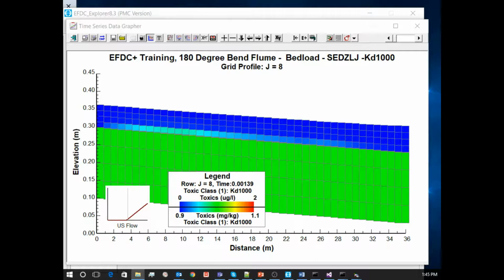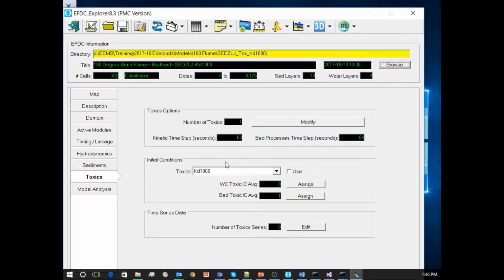Let's run it in double precision. So let's look at mass balance.